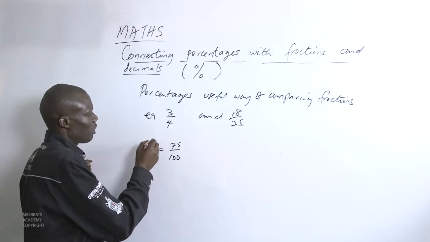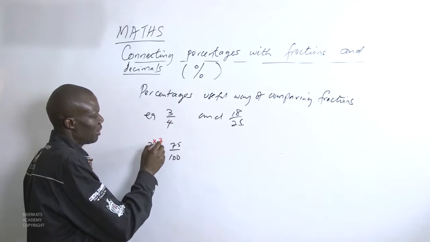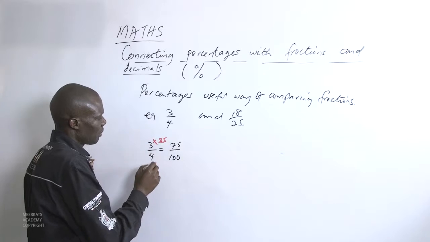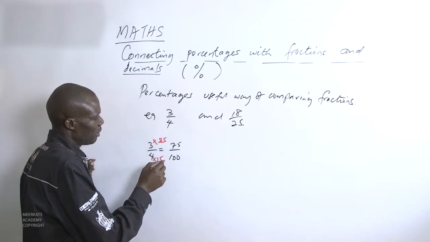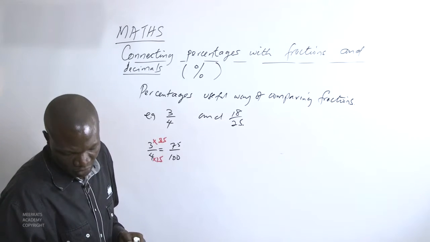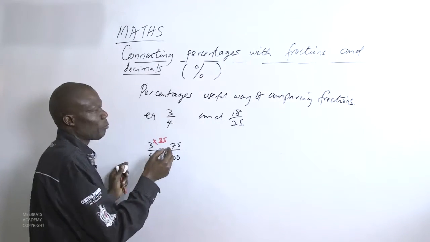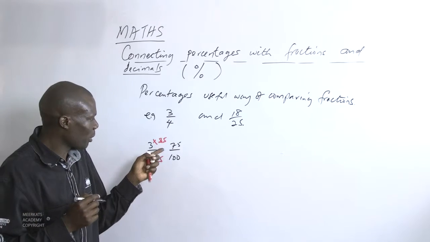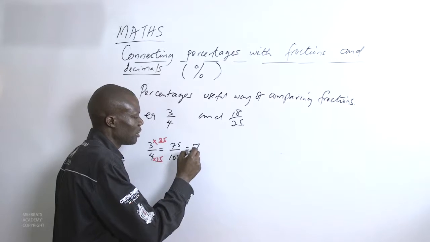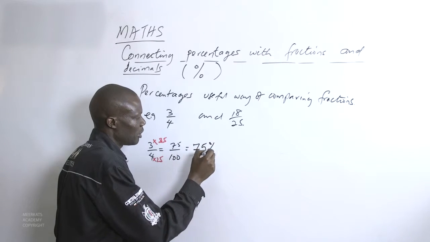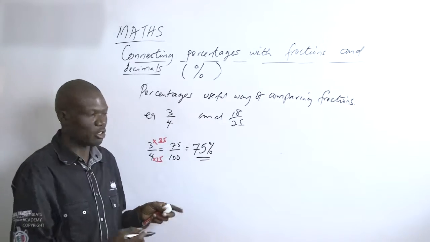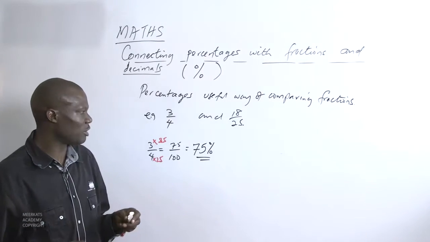You realize that we have multiplied 3 by 25 and 4 also by 25 to get the equivalent fraction, which is 75 over 100. And as earlier said, 75 over 100 is the same as 75%. So we are done with the first fraction.